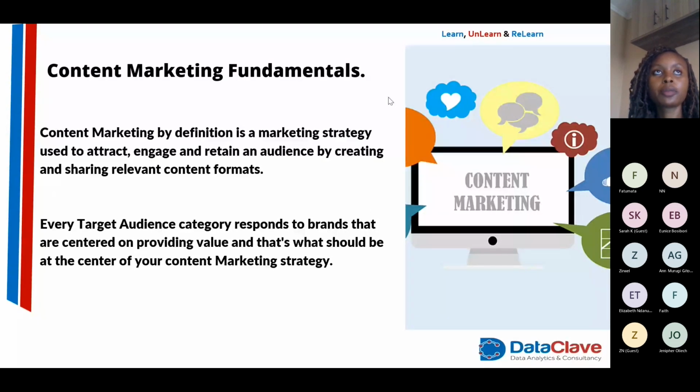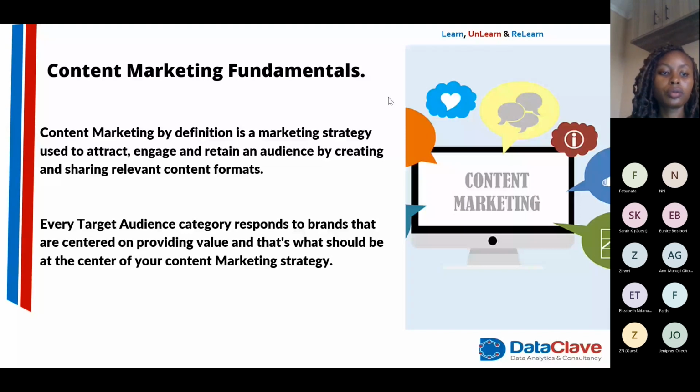You have to keep in mind you're also providing value. Value should be at the center of your content marketing strategy. Every target audience category almost always responds to brands that are centered on providing value, and that's what should be at the center of your content marketing strategy always.